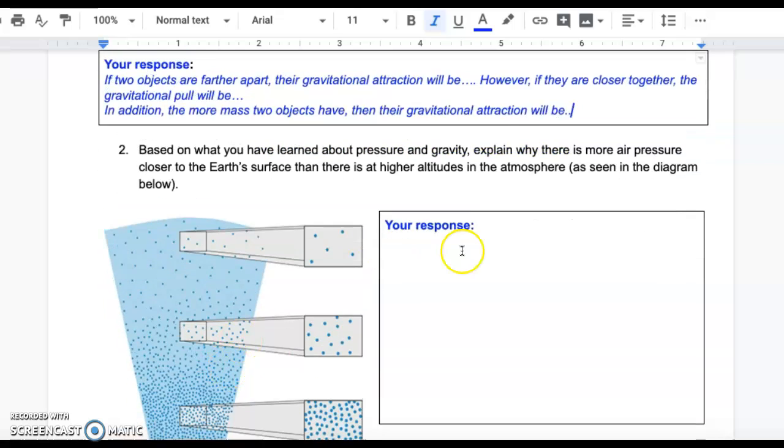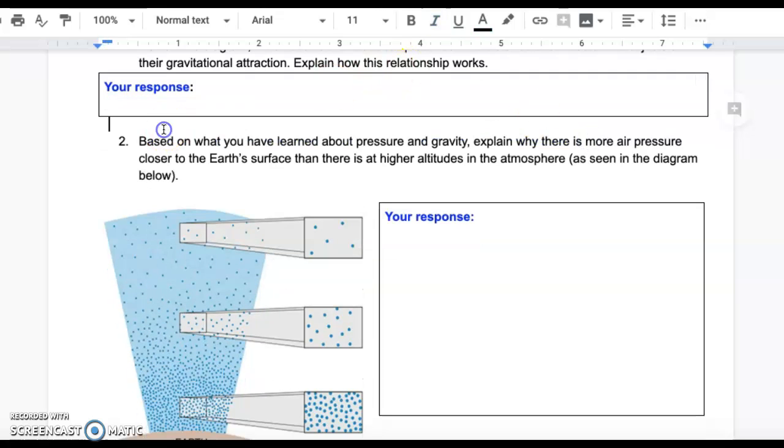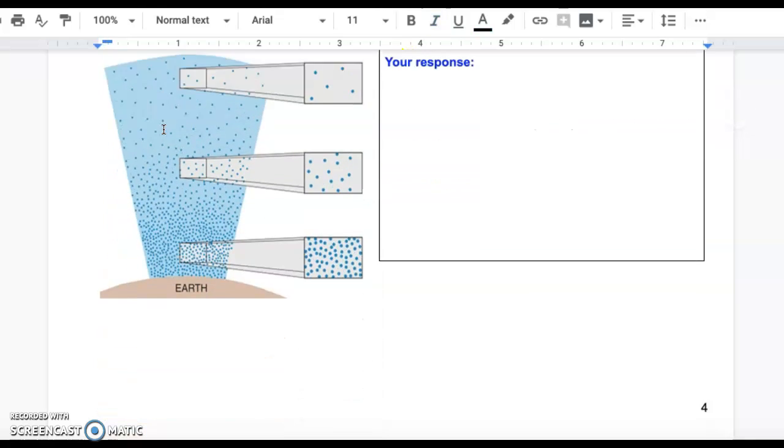Okay, so I'll let you type that. Go ahead and pause and then play when you're ready to move on to this last question.